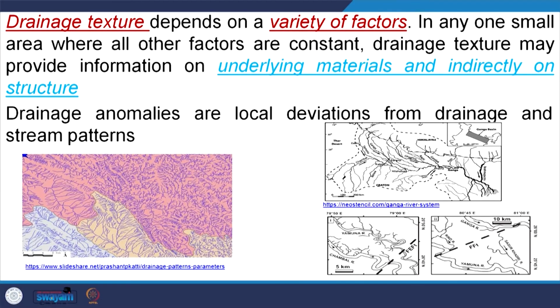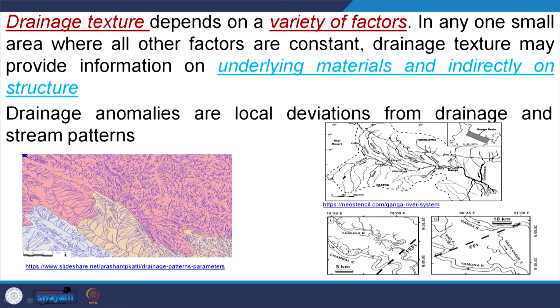Similarly, drainage anomalies are local deviations from drainage and stream patterns. As we have discussed, anomalies mean an exception in a stream. For example, here you see overall this channel is flowing, and there is an exceptionally high sinuosity.